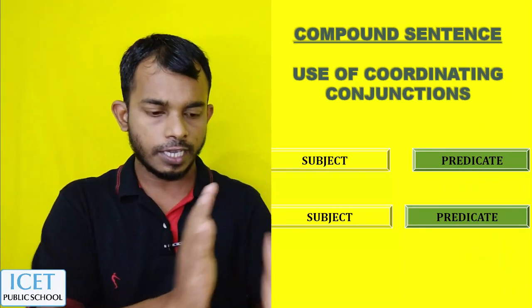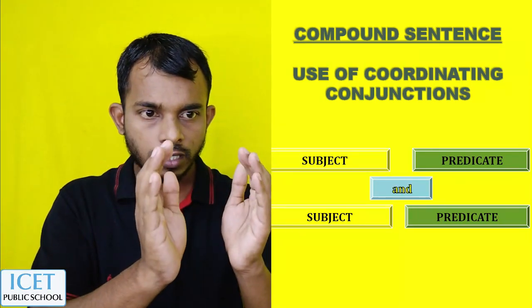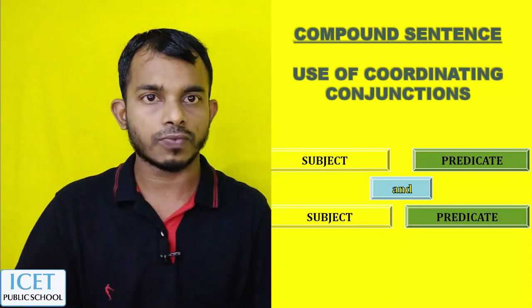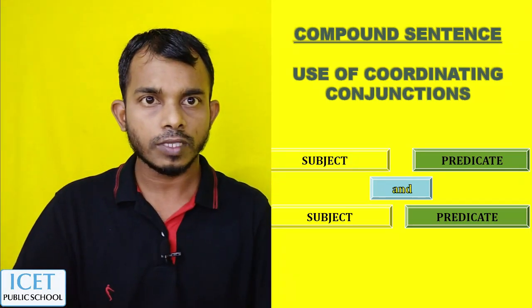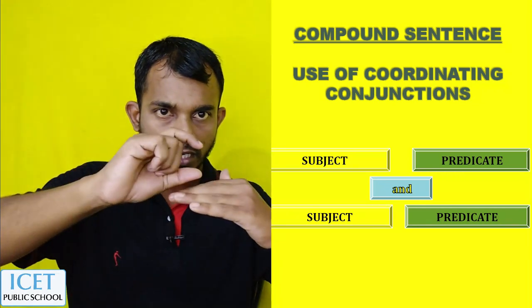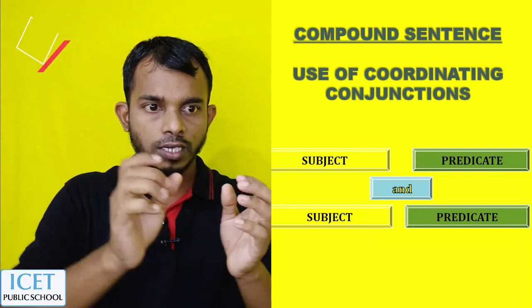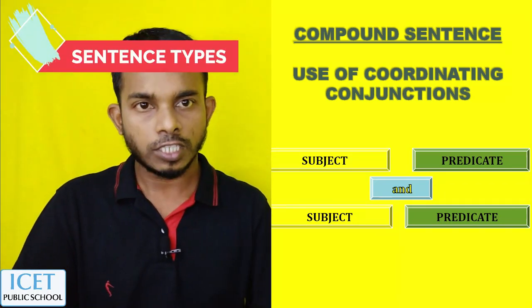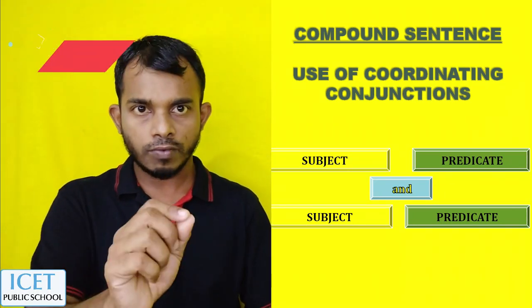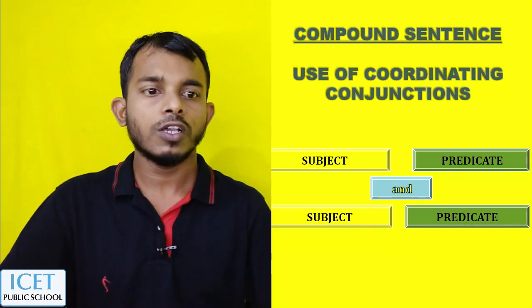Again, subject and predicate. In between, we will give a coordinating conjunction. You got it? That means two simple sentences have been connected or joined with a coordinating conjunction. One of the ways is a coordinating conjunction, and is a coordinating conjunction. I will tell you the list. Okay.